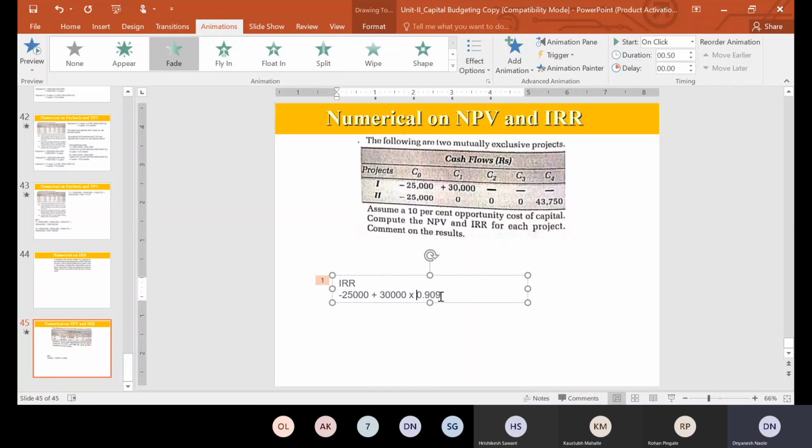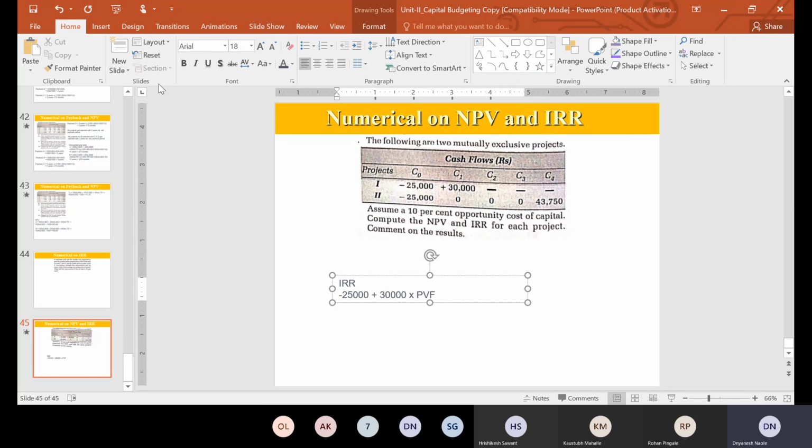Okay, so this has to be multiplied by the present value factor, and below that you can write, in the bracket, 1 year and R. So you just write like this, equal to 0.